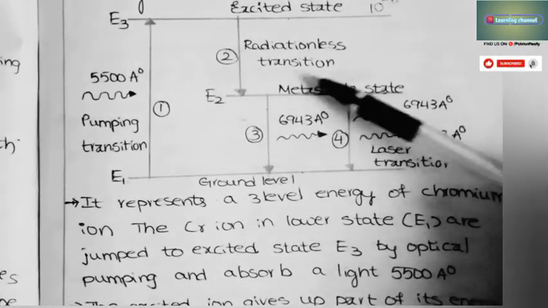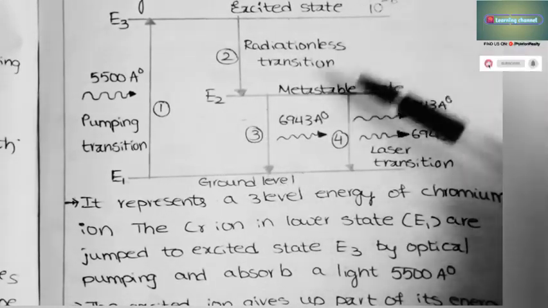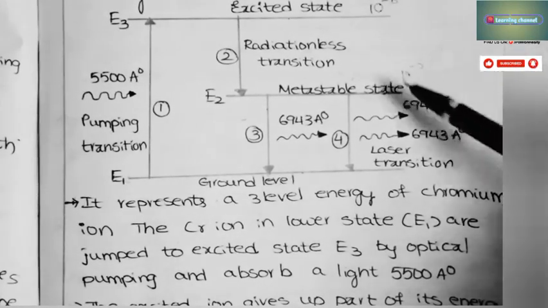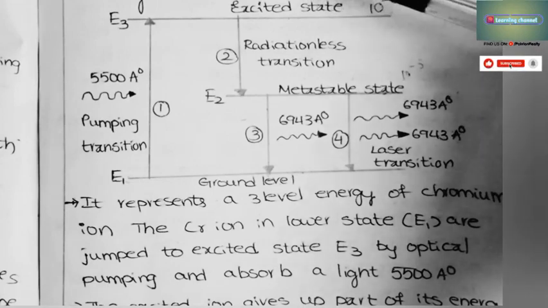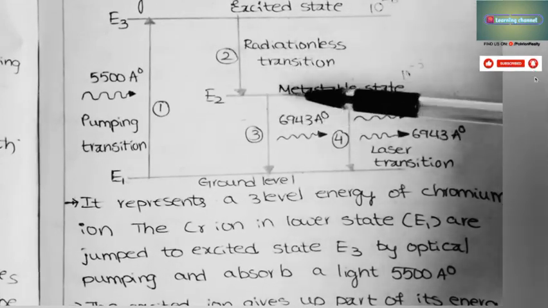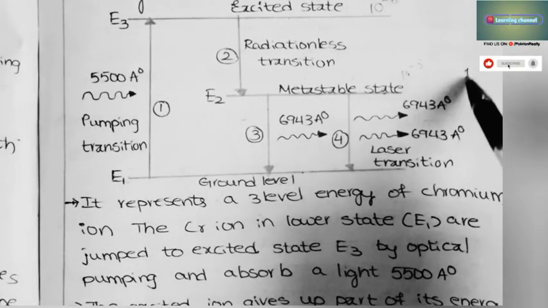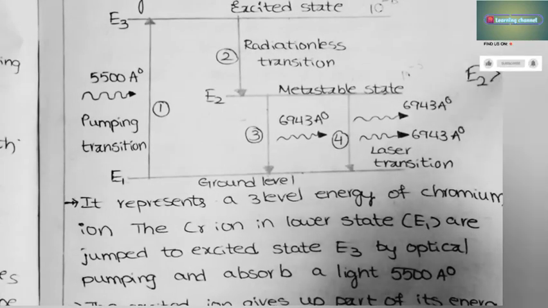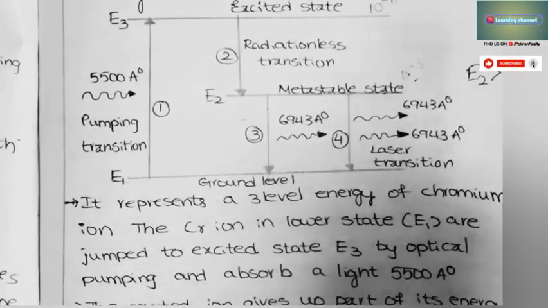The number of ions will increase in the metastable state, because after 10 to the power of minus 8 seconds it comes to the metastable state, but here we have 10 to the power of minus 3 seconds, so more lifetime. As a result, we have more ions in the E2 state as compared to the ground state. As we have more ions in E2 as compared to E1, we can achieve population inversion.